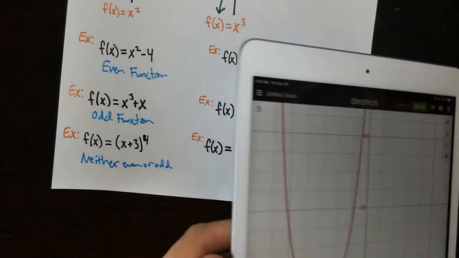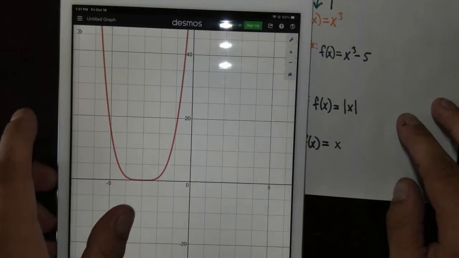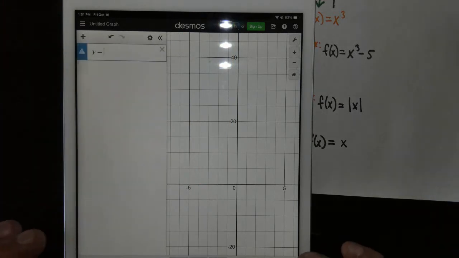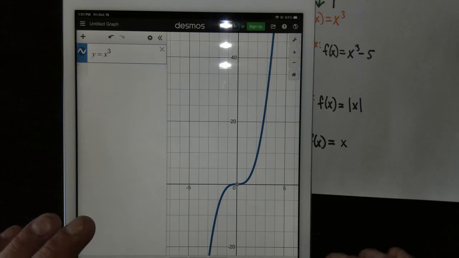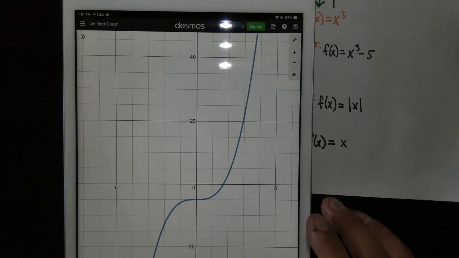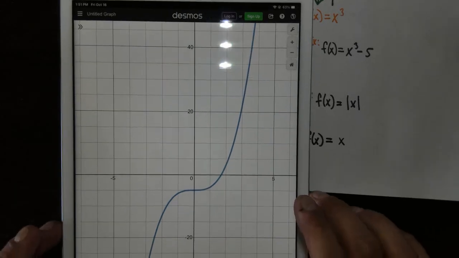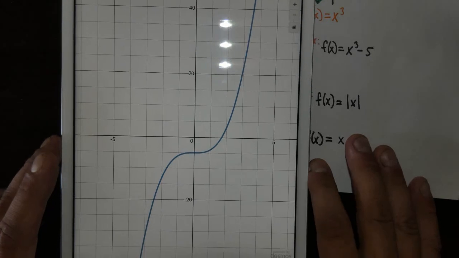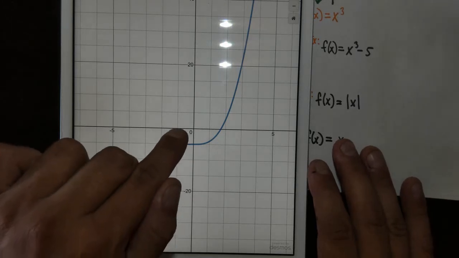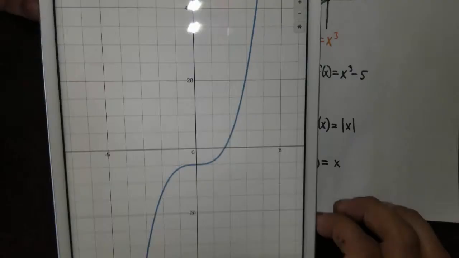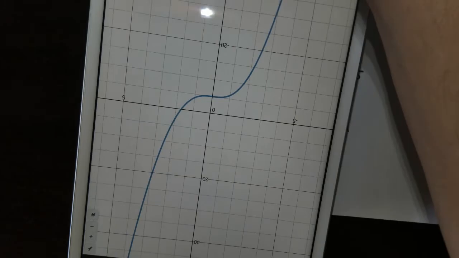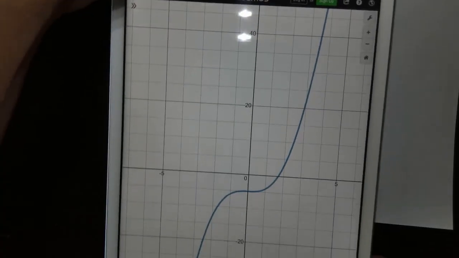So let's take a look at these next 3 here. Next we have x cubed minus 5. And here we can see, well, it looks like the shape of some of the odd functions that we've had before, but if we rotate it about the origin, which is right just above this function, we can see that it's not the same, because when it's upside down, here it's above the origin, but when it's normal, right side up, it's below the origin.